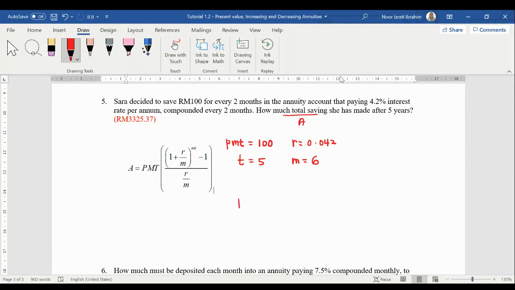To find the total saving means to find the accrued amount, equals PMT 100 multiplied by (1 plus R over M, 0.042 over 6) to the power of MT, 6 times 5, 30, minus 1, divided by R over M, which is 0.042 over 6.